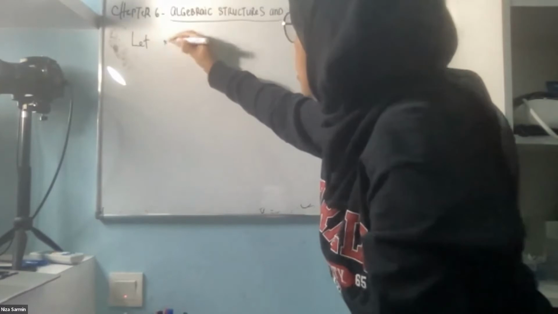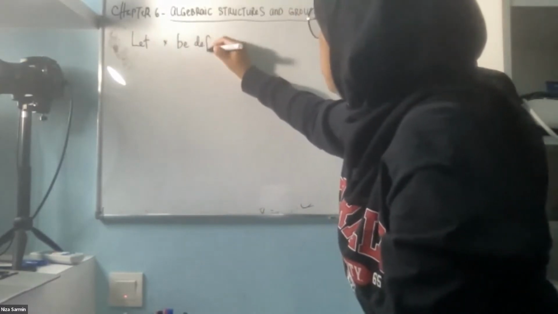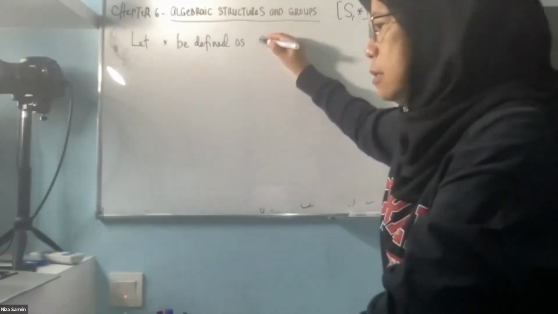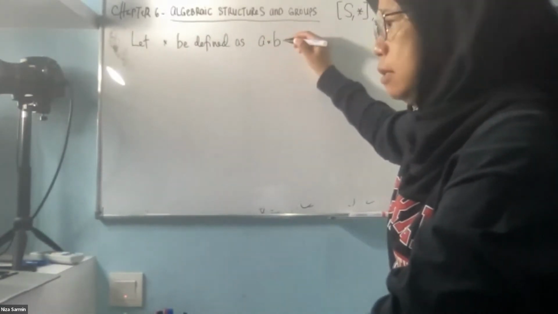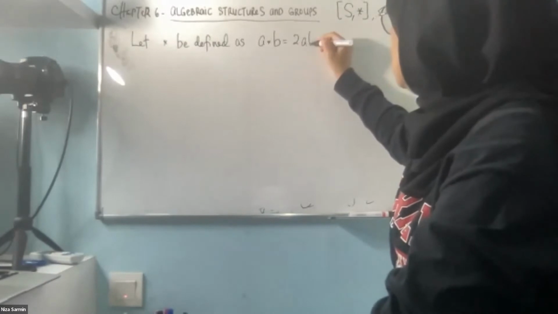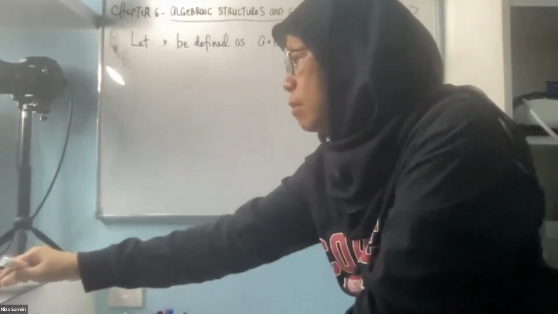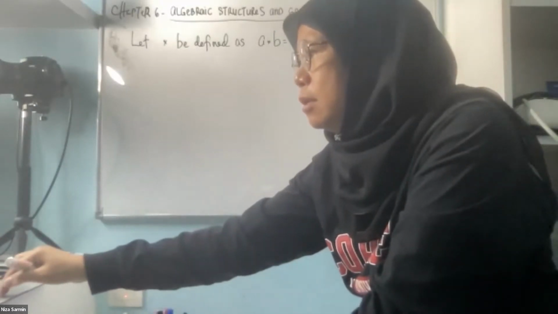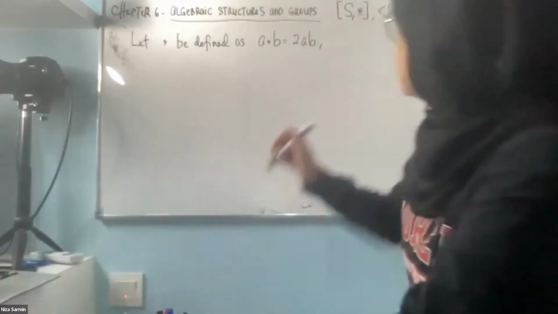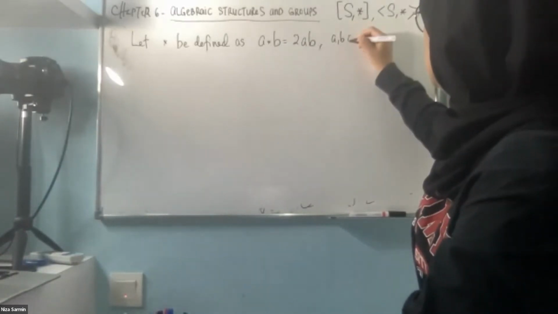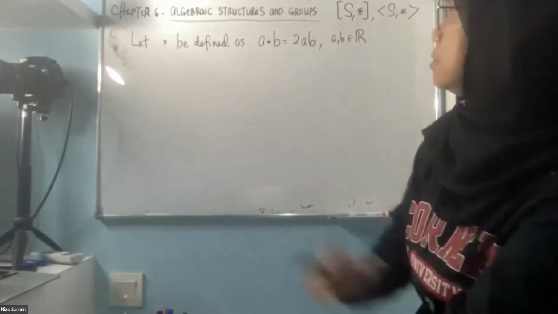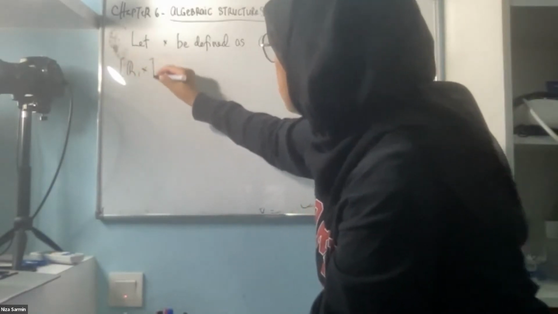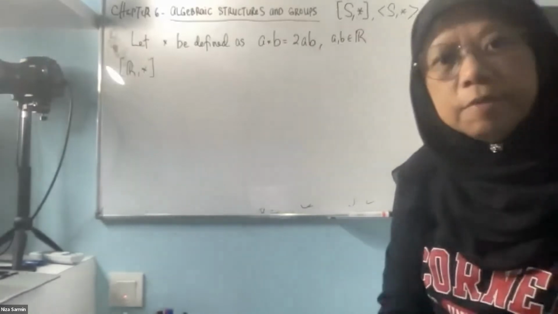Okay, so this is an exercise given in the notes. Let star be defined as A star B is 2AB, for A, B in R. So the algebraic structure is actually R and star. Real numbers.